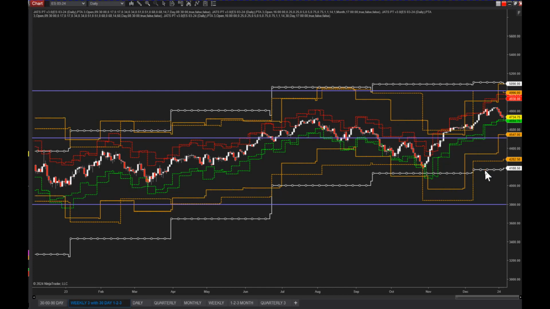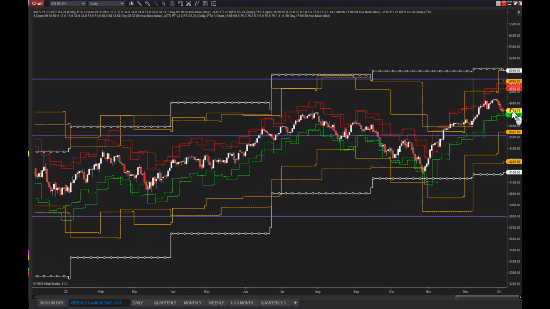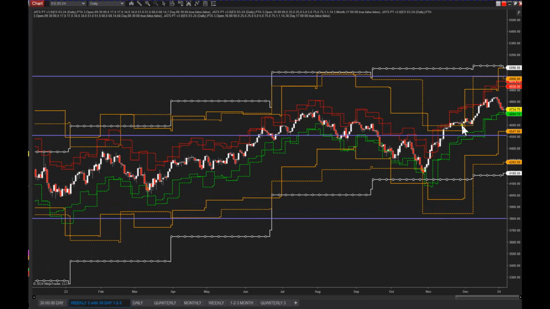Here's your 60-day three. So there's a 1 and 2 month encapsulating your 7-day and weekly threes. So that can give you a huge help to know where the higher time frame might be positioning.